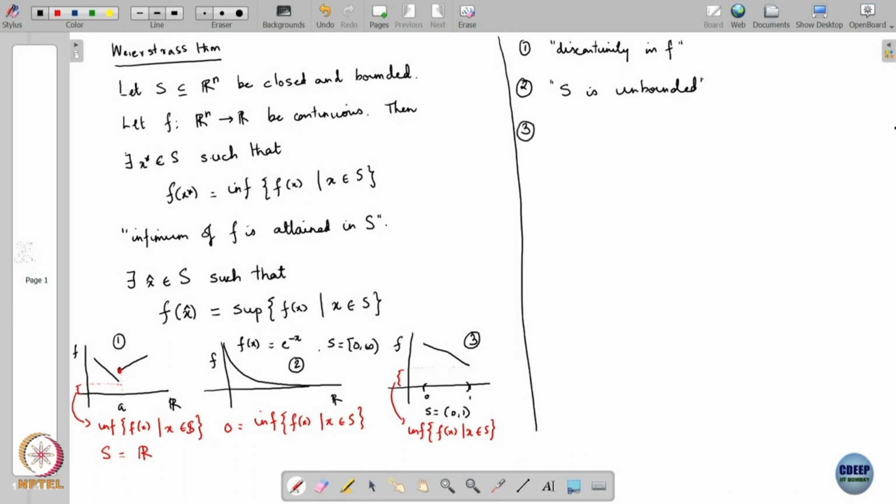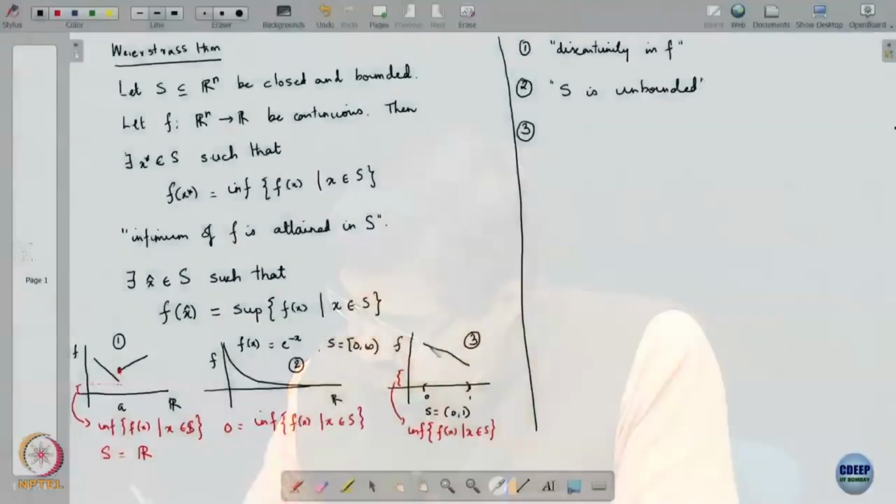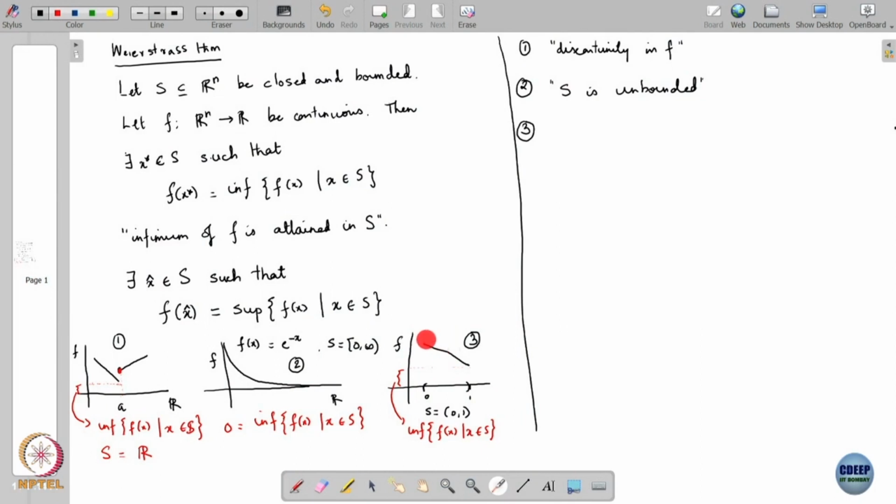What is the problem in case 3? Is the infimum attained in case 3? Again, what you see here is that the function value decreases as we go down, and keeps decreasing as you keep going closer and closer to 1. The infimum is eventually the limiting value of this height.